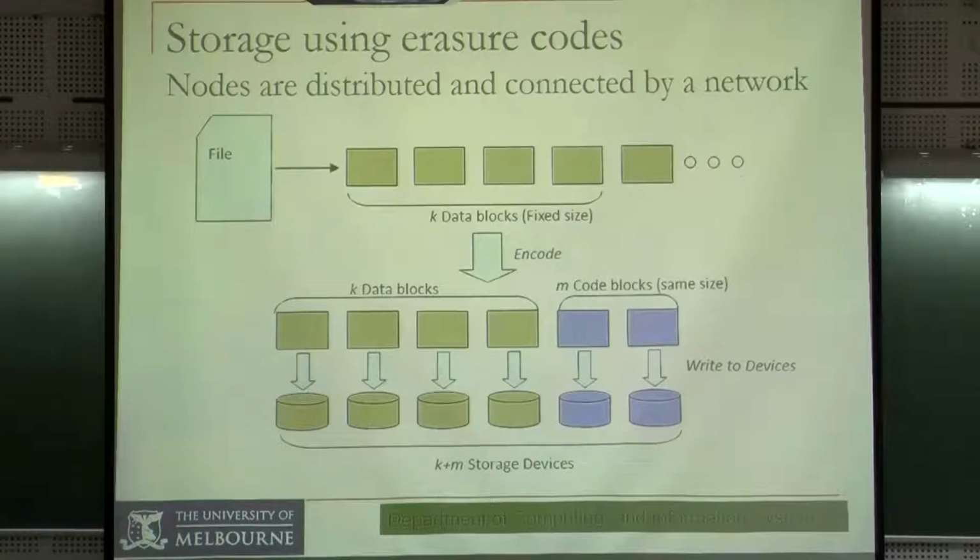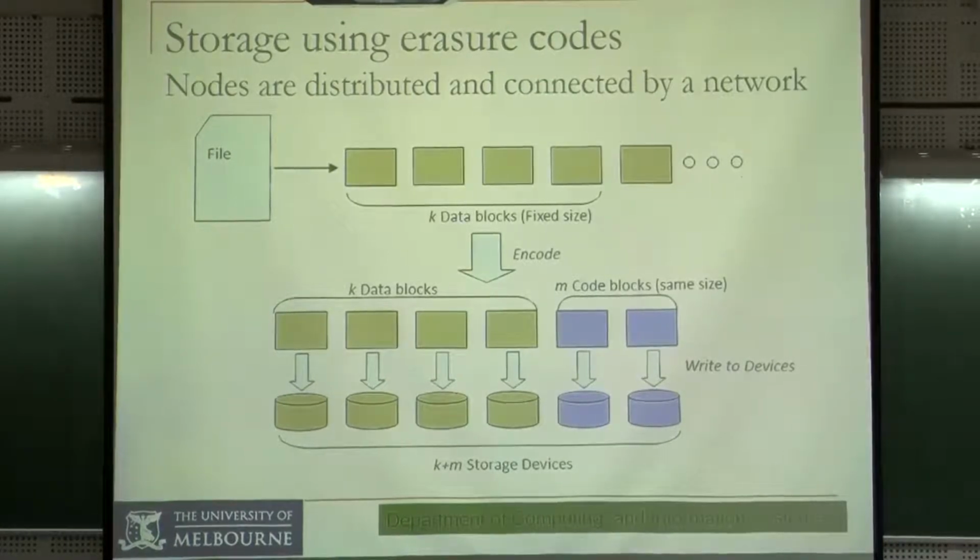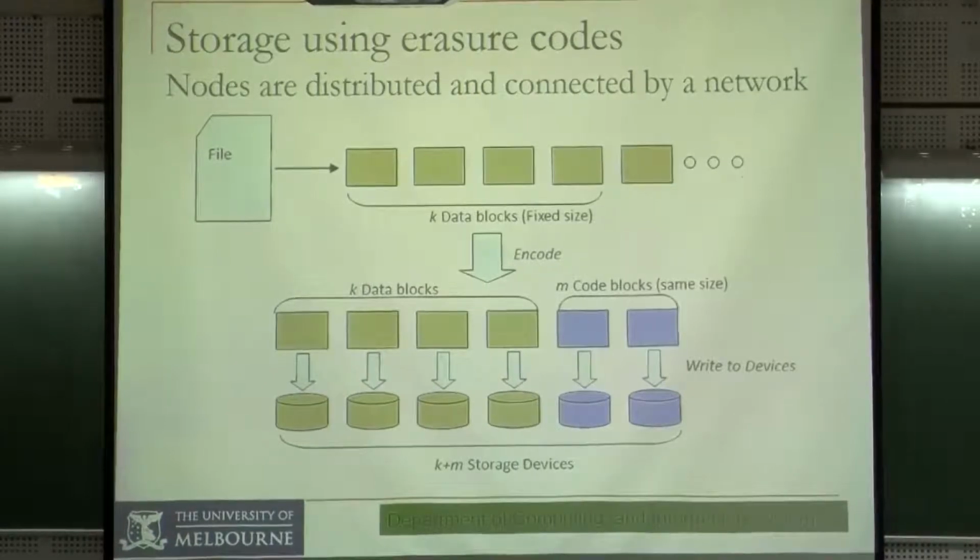What we do in the storage course is that the nodes are distributed and connected by a network. More formally, each file is divided into k data blocks of fixed size, and m coding blocks, where m is n minus k, and it will be stored. Once you define a code for one symbol, we can extend the same idea to however big the file may be.